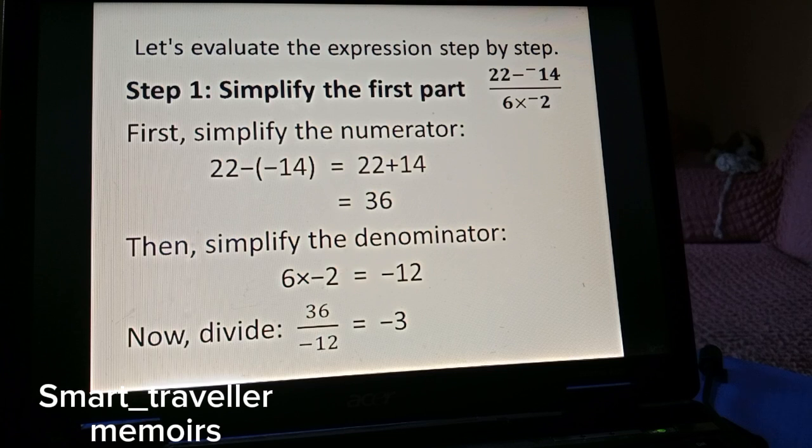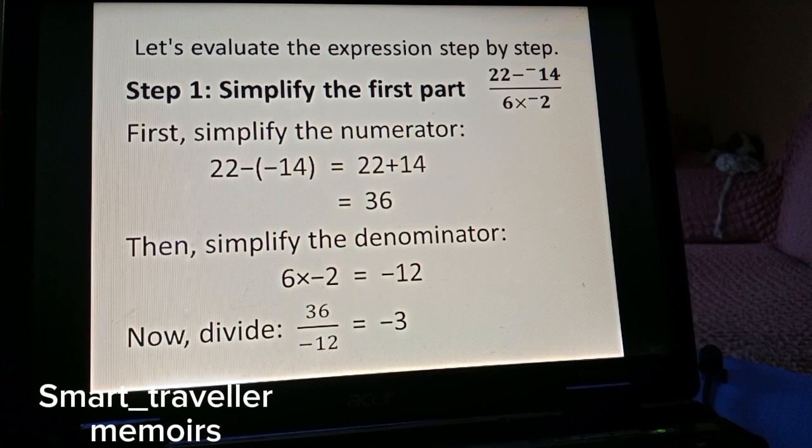In this case, first simplify the numerator, which is 22 minus negative 14, which is going to be equal to 22 plus 14, because mentally you change the subtraction sign and then you add the inverse of negative 14, which is positive 14, so that in your mind you have 22 plus 14.